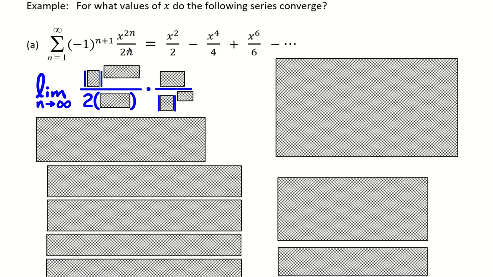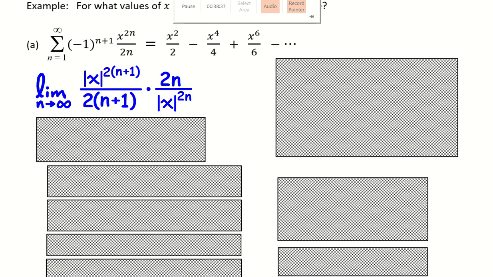Listen to this, it should be a reminder: the ratio test only applies when all of the terms are positive. So that's why we have to throw this absolute value in there, so we're actually allowed to do the ratio test, because it's always going to be positive.